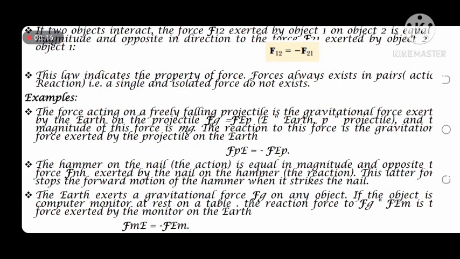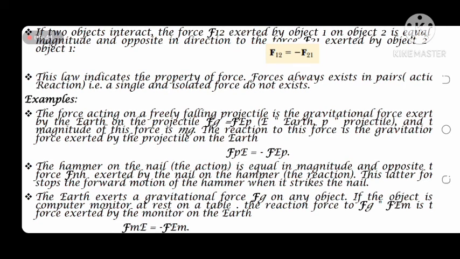The first example I am quoting here is the force of gravity on a freely falling body, that is acting downward. The force acting on a freely falling projectile is a gravitational force exerted by Earth on the projectile.